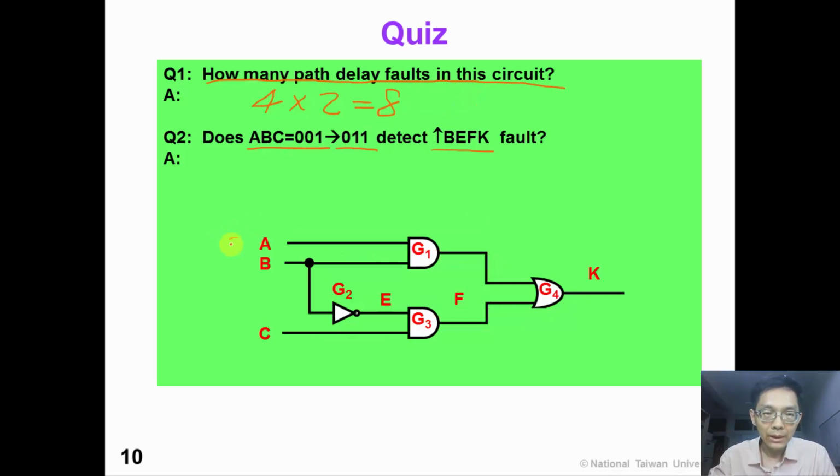When we apply pattern 0, 0, 1 to 0, 1, 1, this test pattern to detect the fault, we can have a falling transition here and a falling transition here. This is static 0, and the output would have a falling transition. So yes, we can detect the path delay fault using this pattern. Have you got it correctly?